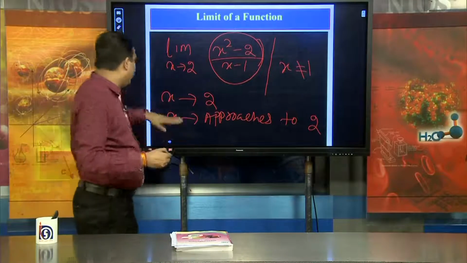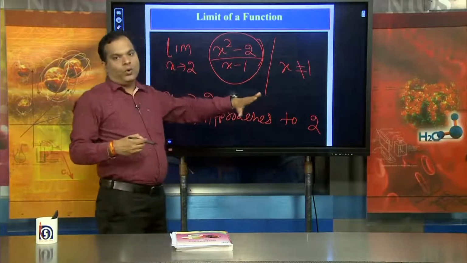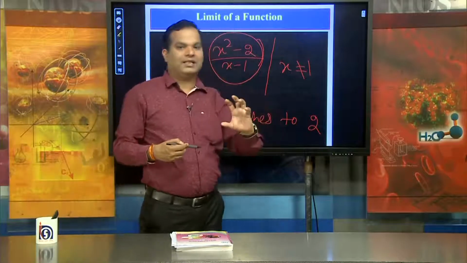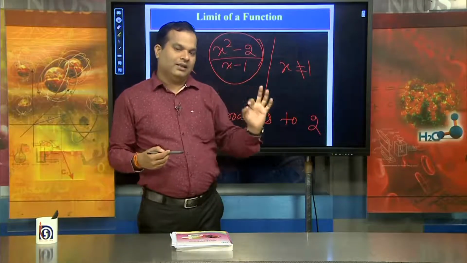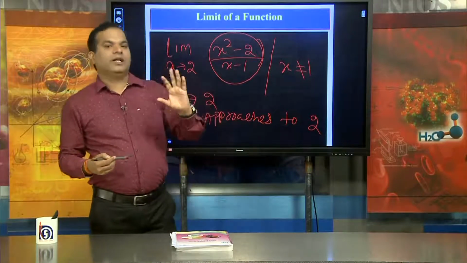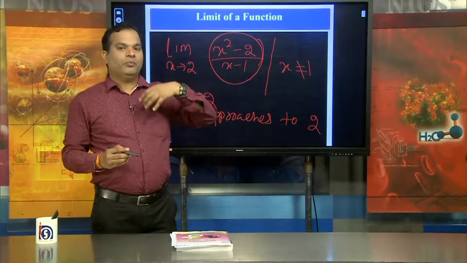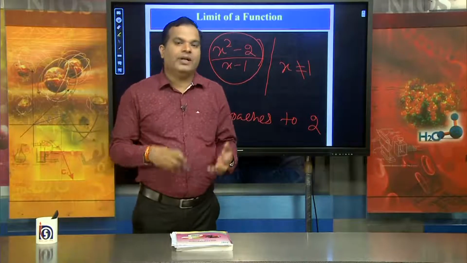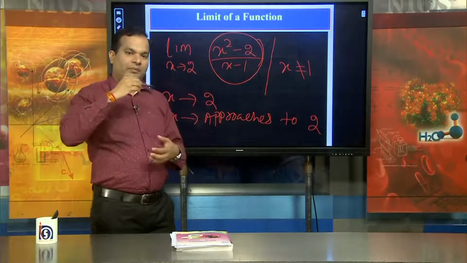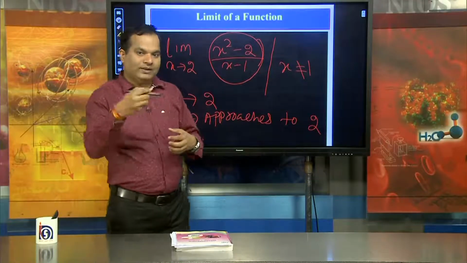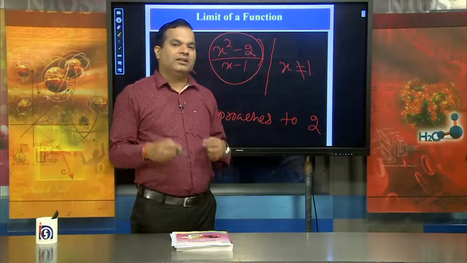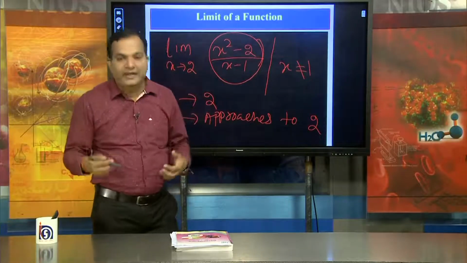When x approaches 2, it is not exactly 2. When the variable approaches from the left hand side, we call it the left hand limit. When the variable approaches towards the right hand side, the positive side, that is the right hand limit.